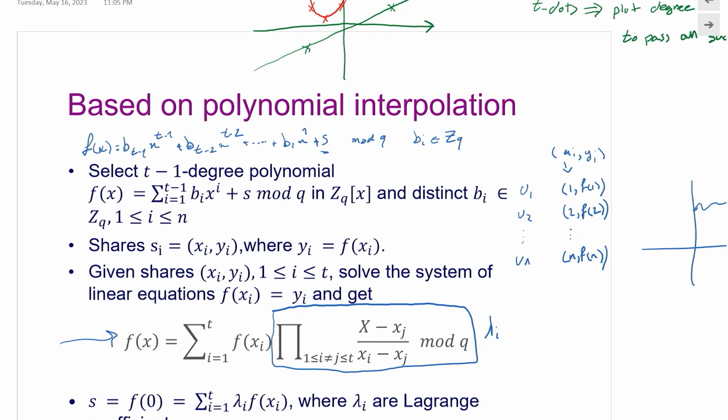But the idea is that if you don't have t points, let's say I have all the points all the way to t minus 1, then there is no way, if I don't know that last point, to be able to construct that degree t minus 1 polynomial. There would be infinitely many polynomials that can pass through the t minus 2 points, and then the last point would be variable, right?